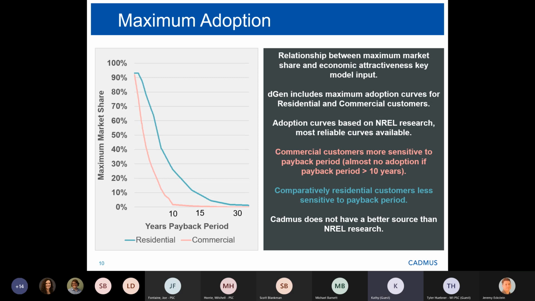I'm just a little nervous about saying we're going to predict adoption based solely on cost. I'm nervous about what that adoption looks like. For me, it is intuitive that commercial would be more conservative than residential, but beyond that, it's hard for me to tell what this is.